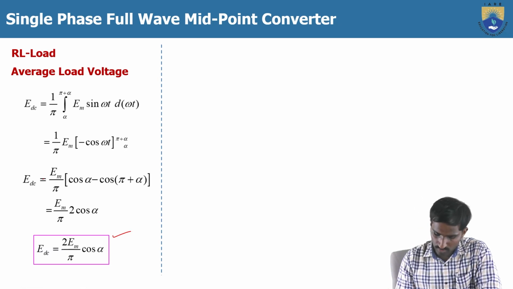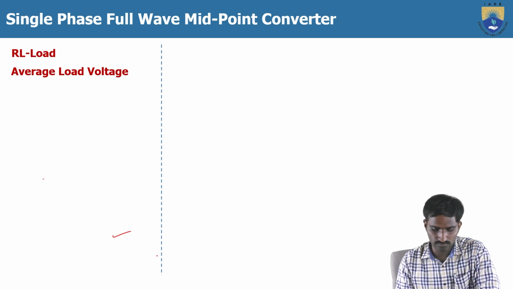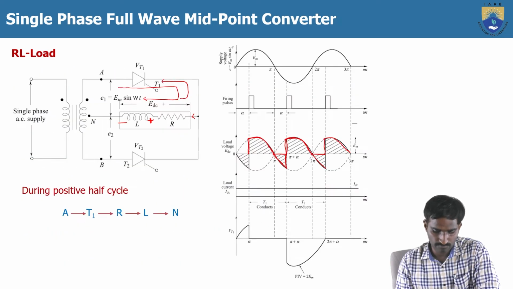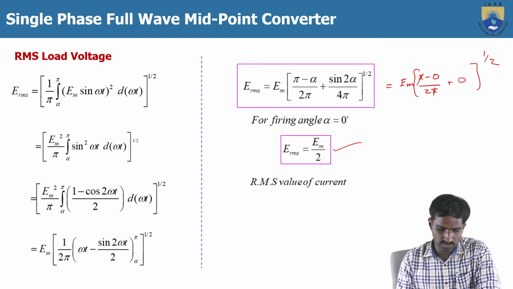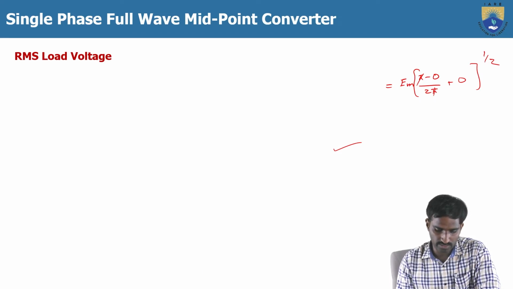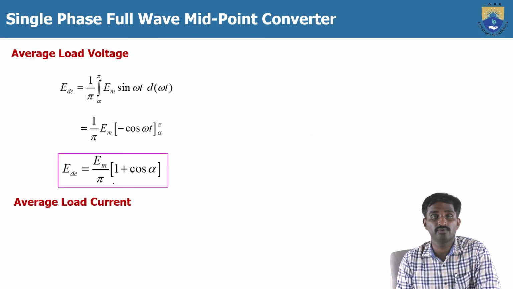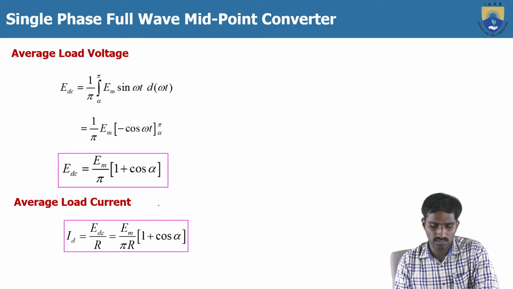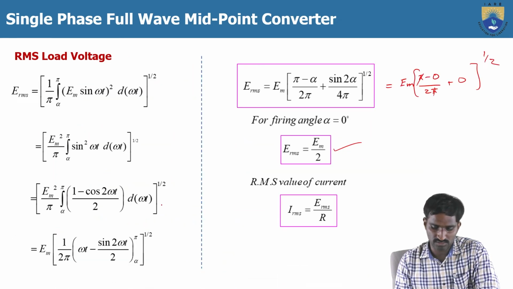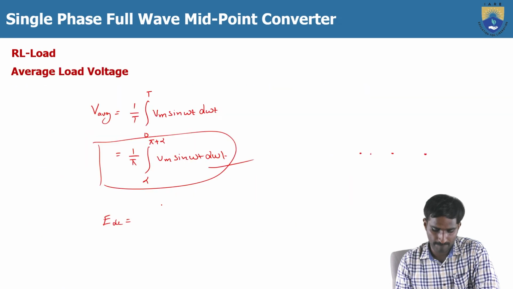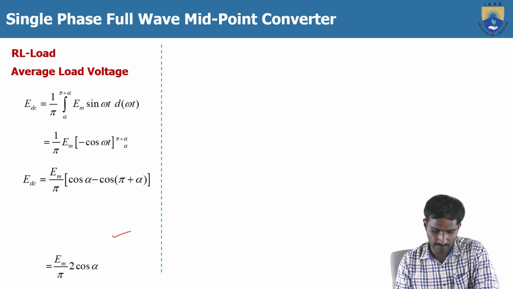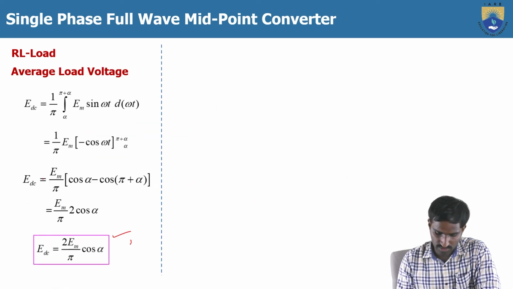But in case of R load, what is that? We got the equation, we can just see in case of R load. This is the voltage value, Em by pi into 1 plus cos alpha.